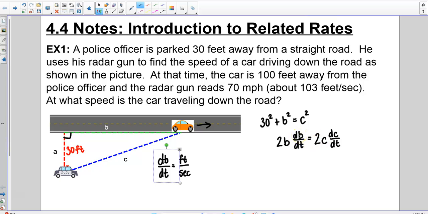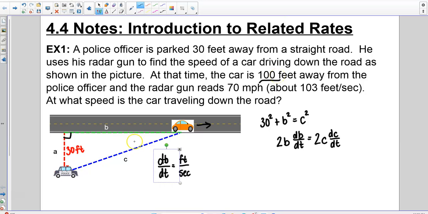So once we get this, we're going to plug in the information that we know. At this point, I can plug in information that I know that happens at this particular instant. I can't do it before I take the derivative, but I can plug in things like my 100 feet now.